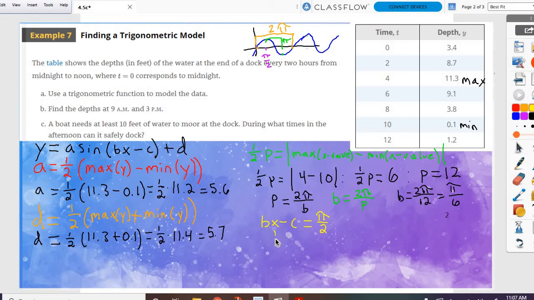And then we're going to plug in where our new maximum x value is. So notice that our pi over 2 is the old max.